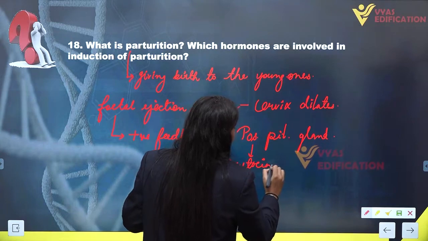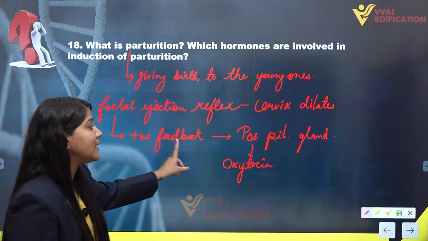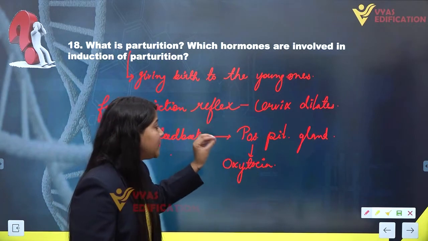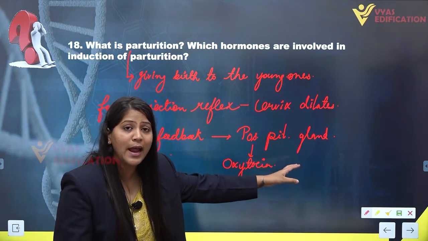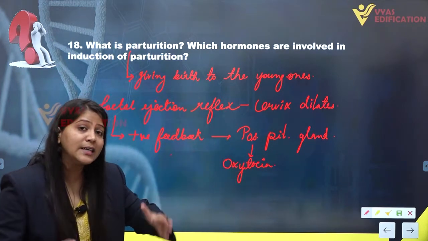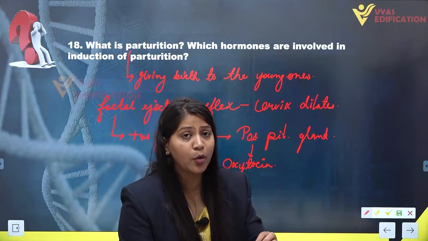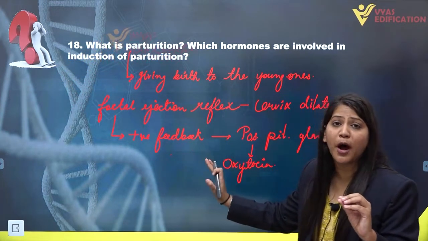Oxytocin is released from the posterior pituitary gland through the fetal ejection reflex. This oxytocin hormone is mainly responsible for the process of parturition.